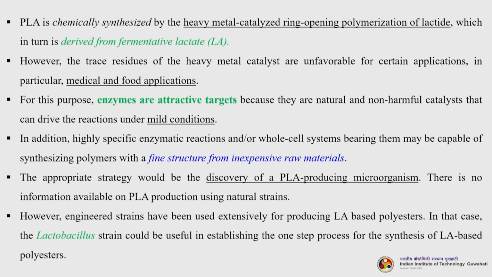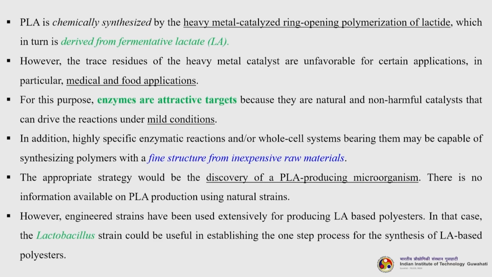However, trace residues of the heavy metal catalyst are unfavorable for certain applications, in particular medical and food applications. For this purpose, enzymes are attractive targets because they are natural non-harmful catalysts that can drive the reactions under mild conditions. In addition, highly specific enzymatic reactions and or whole cell systems bearing them may be capable of synthesizing polymers with a fine structure from inexpensive raw materials.